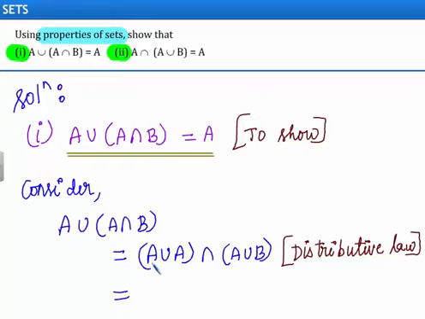This will be equal to A union A is A itself, and here we have intersection A union B. A union A is equal to A is nothing but idempotent law.